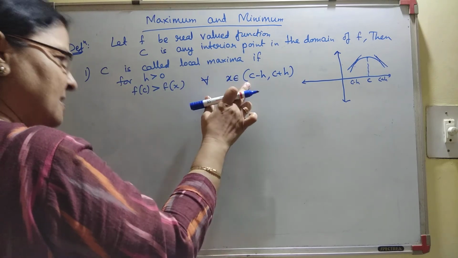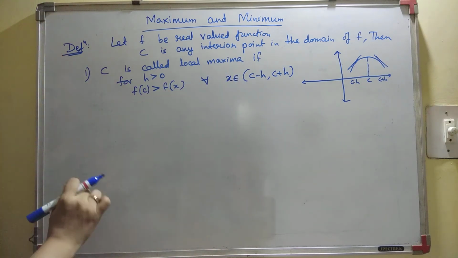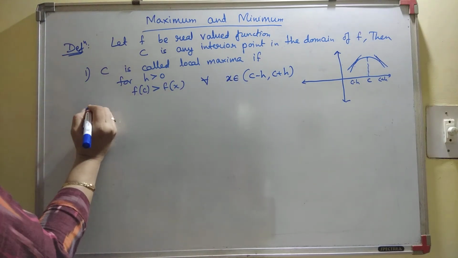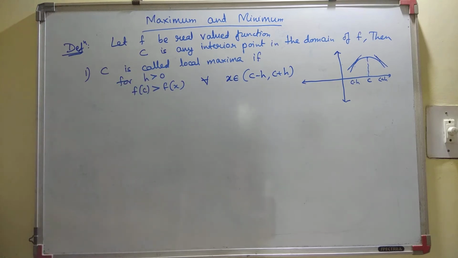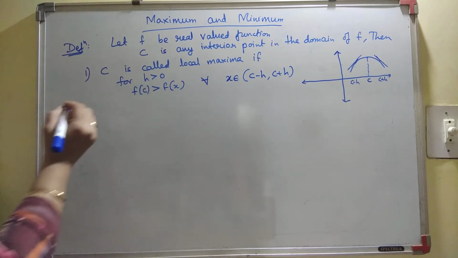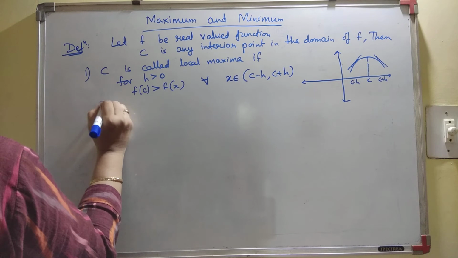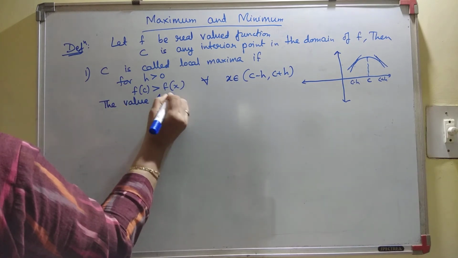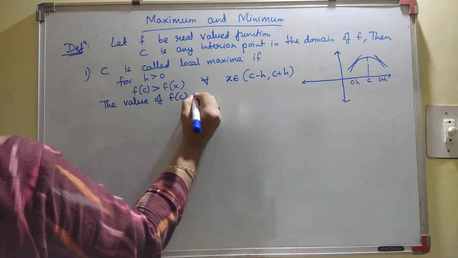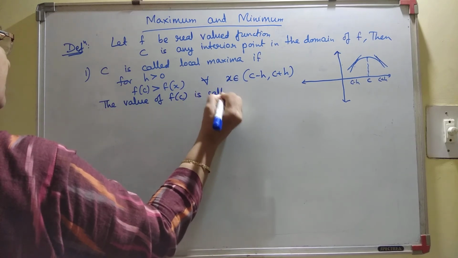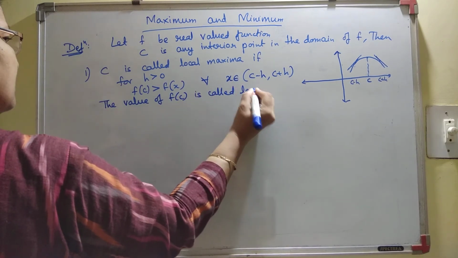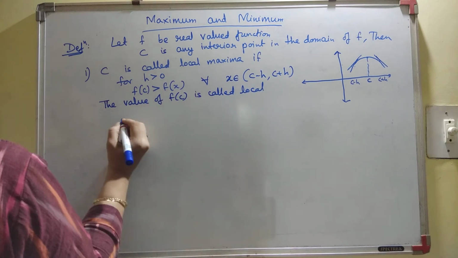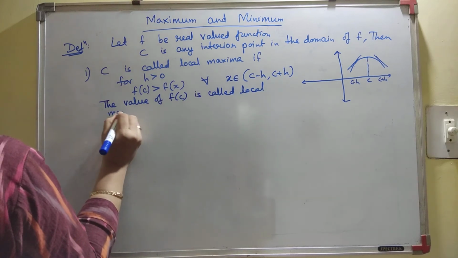In that interval, if f of c is greater than f of x, then it is a local maxima. And the value of f of c is called the local maximum value of f.